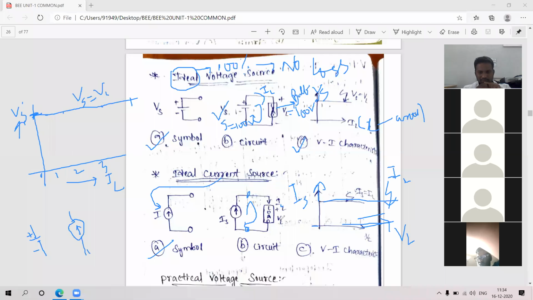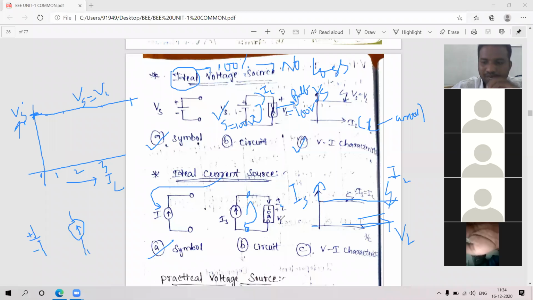Will the current divide? There is no division of current. Only one single path, one route is there, and in that route only the current will be flowing. Irrespective of the load, whatever the source current is, the same current will flow into the load. Suppose 10 amps is there, then through the load 10 amps will be flowing. That is why the graph is like that.